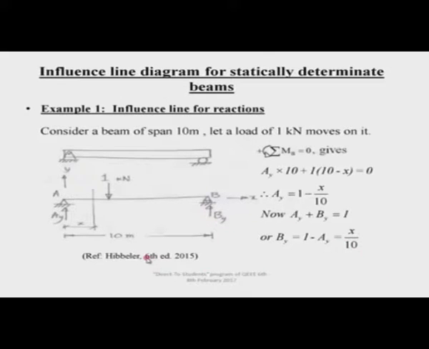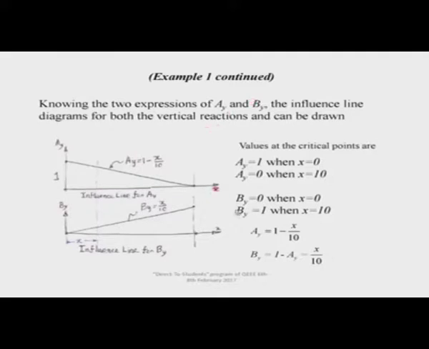I have taken it from Professor Hivlar's book directly, and I have drawn the figures, and this is the variation. This is the influence line for AY. You have drawn it using the equations and also the discrete points, and this is the reaction at BY.